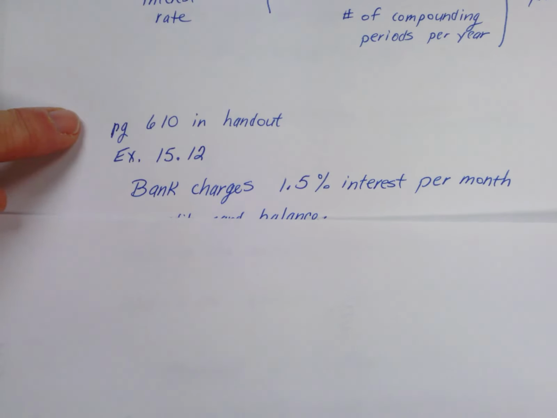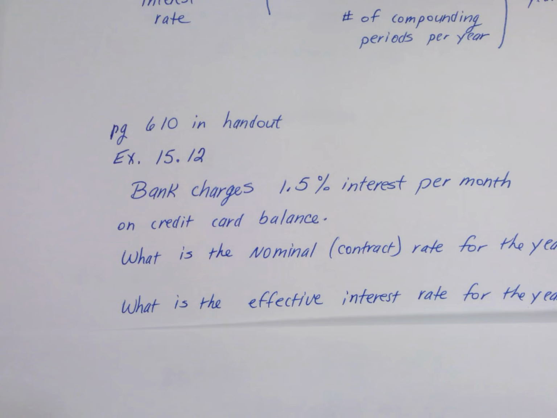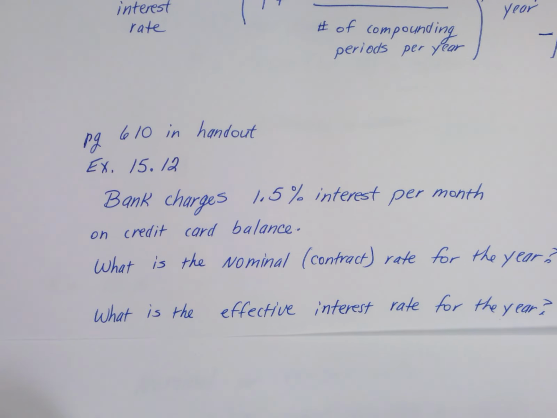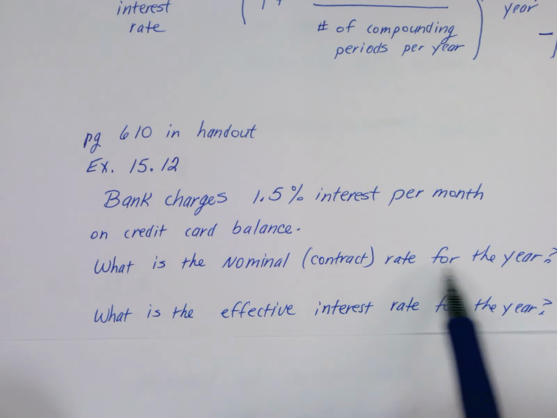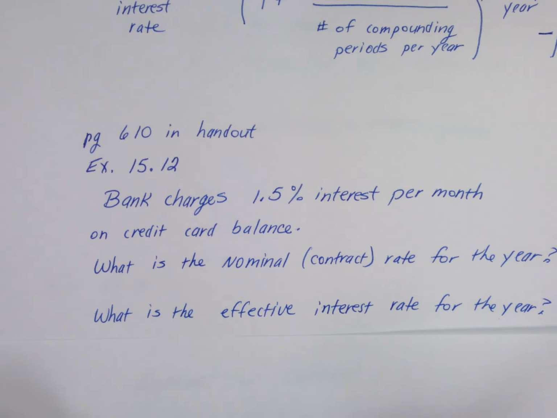So let's look at an example of that. From page 610 in the handout, we have example 15.12. A bank charges 1.5% interest per month on a credit card balance. Two questions. What is the nominal or contract rate for the entire year? And then what is the actual effective interest rate for the whole year?